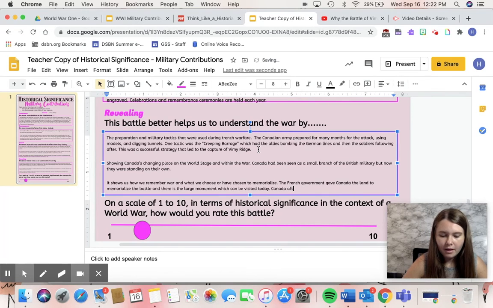Canada, after the war, saw the battle as so significant that it needed to be on a large scale.